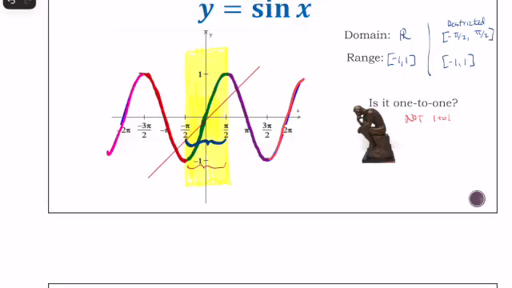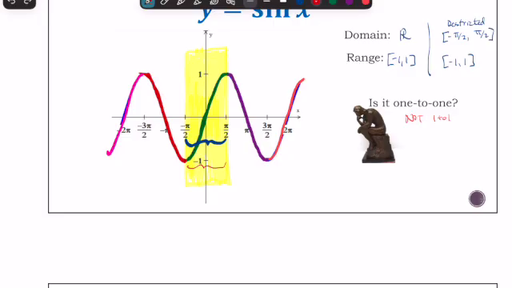So if we said, hey, let's flip this over the line y equals x, I don't really like how that worked out, so let's do this. With that line the axes are different. -1 would be here, it's -pi over 2.